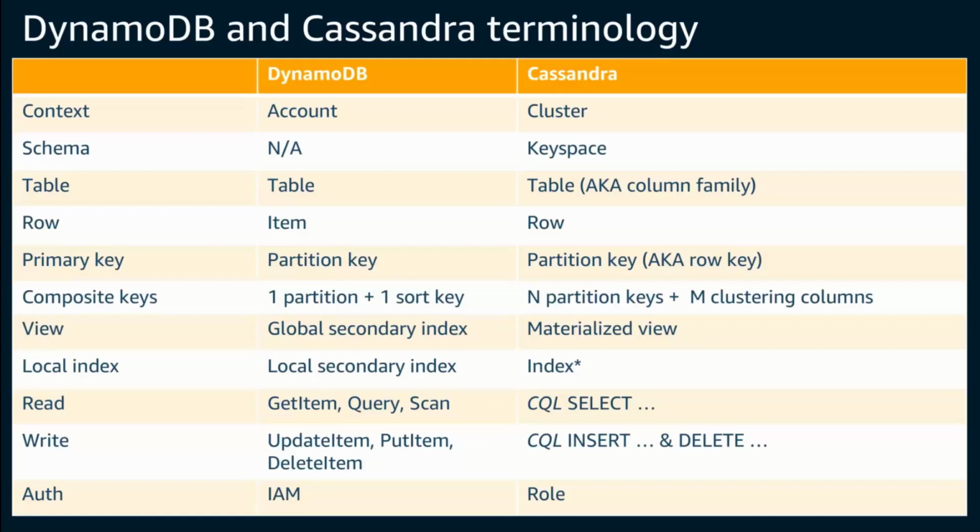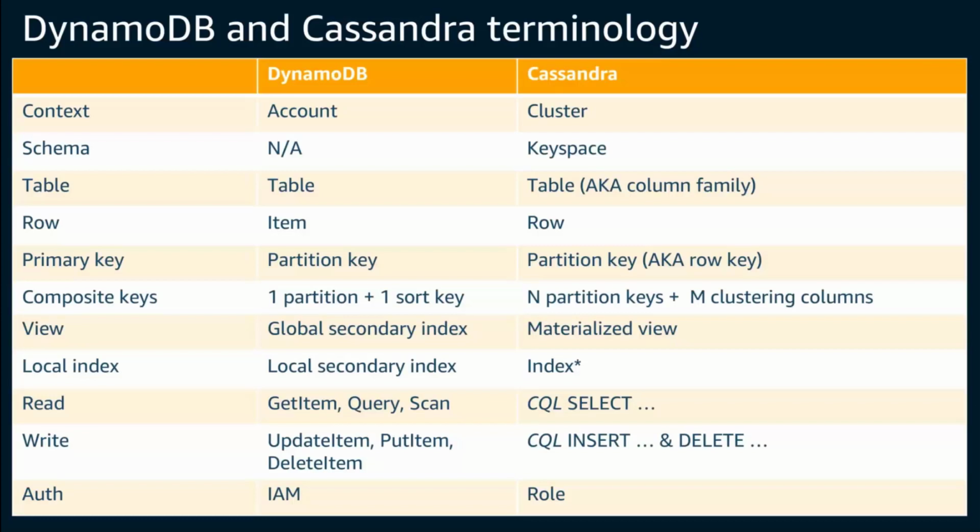So this kind of slide is always in presentations on databases. When we're trying to talk about a migration, we want to compare some common terms to something that Dynamo architects like myself really understand. One thing that I want to call out is that in Dynamo, everything sits inside your account, and you interact with your data inside tables.